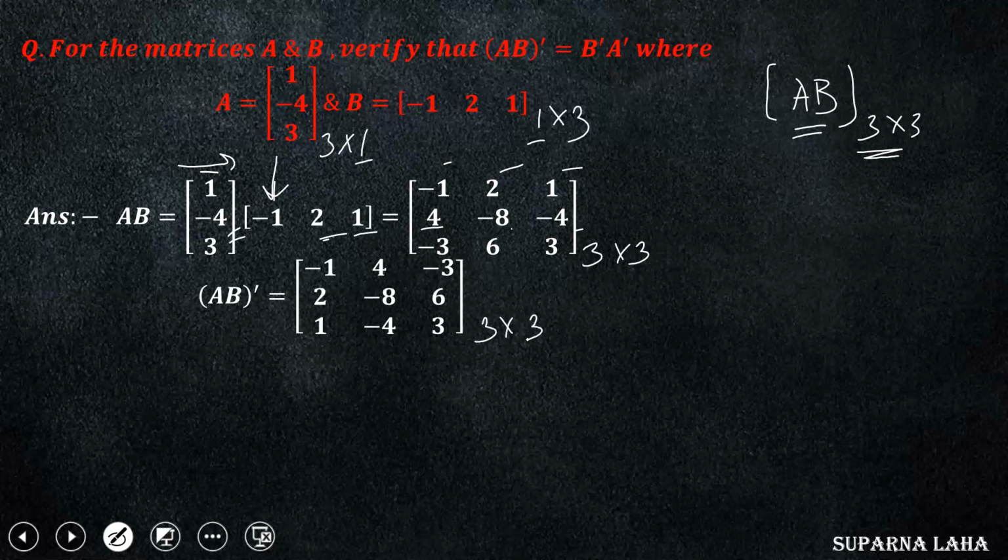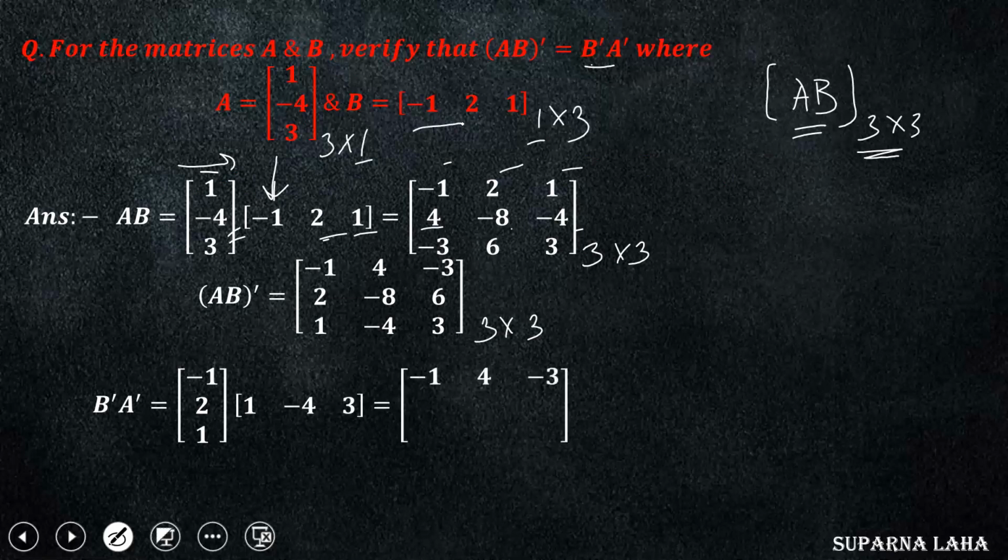Now your next work is to find B transpose multiplied with A transpose. You need to find this matrix. So what is B transpose and what is A transpose? Just write down their values. B transpose is -1, 2, 1 in a column, and A transpose is 1, -4, 3 in a row, and then multiply this column with the row.